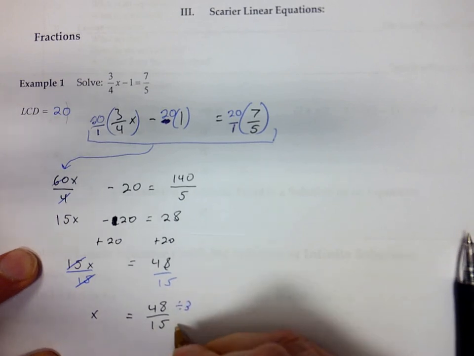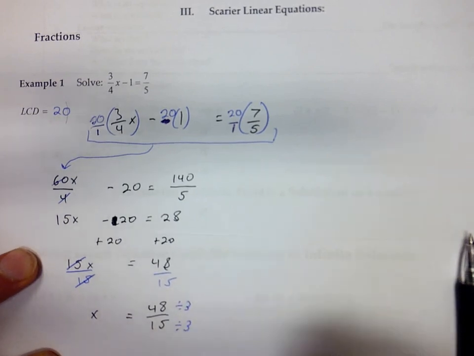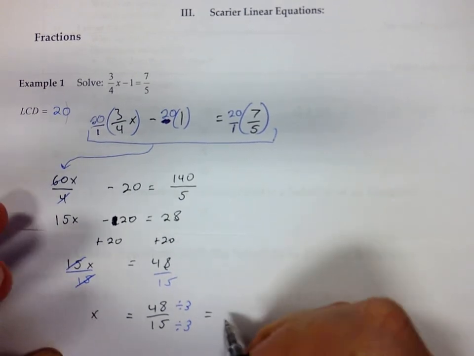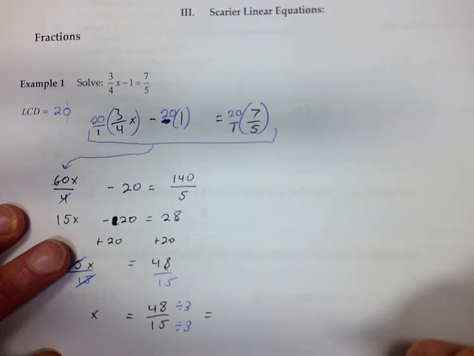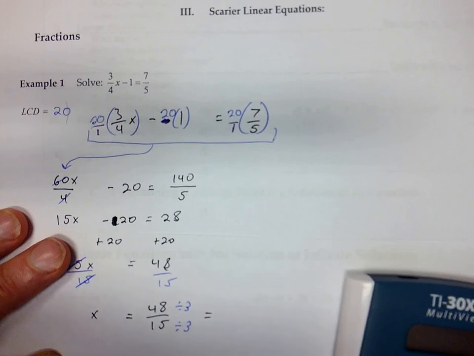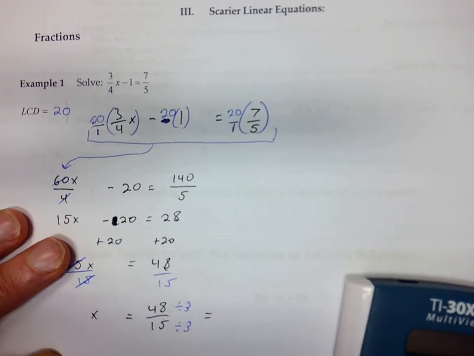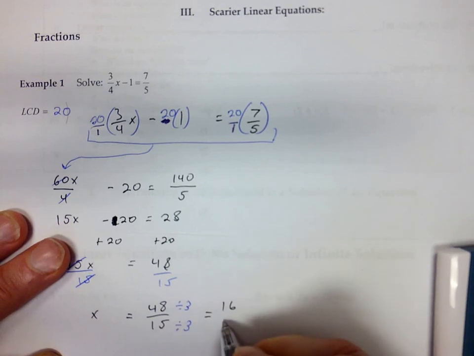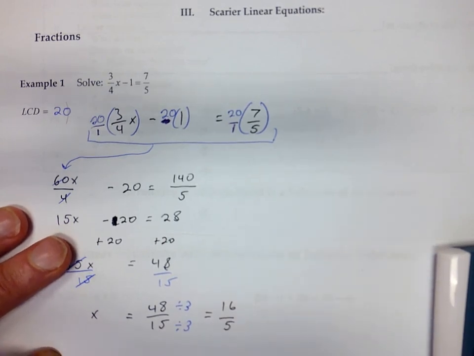So I divide the top by 3, I divide the bottom by 3. 48 divided by 3 is 16, and 15 divided by 3 is 5. So that's how we would leave this problem.